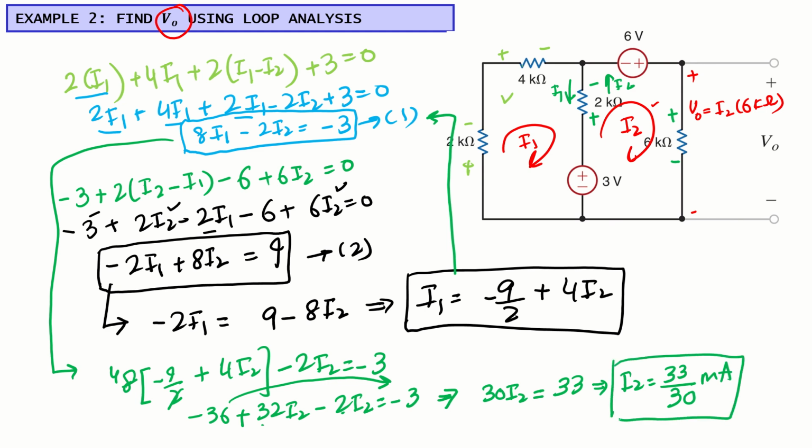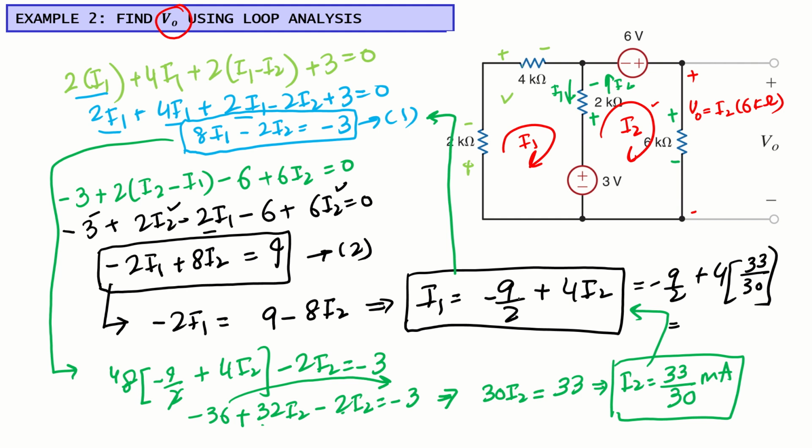Once we have I2, you can plug in this value here to get the value of I1. What will be the value of I1? Minus 9 over 2 plus 4 times I2, where I2 is 33 over 30. You can do further simplification to get the actual answer.